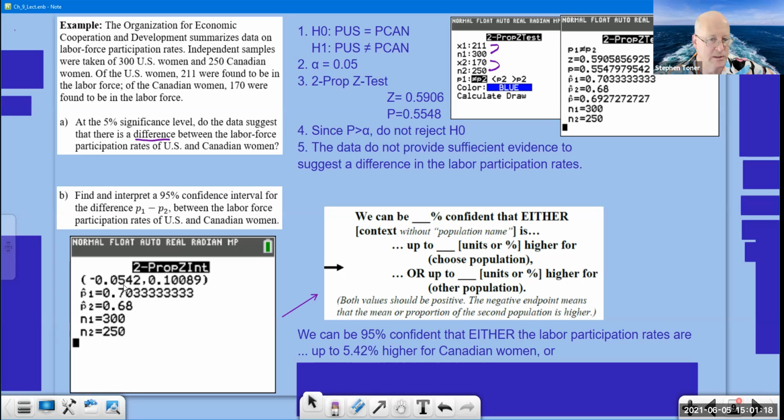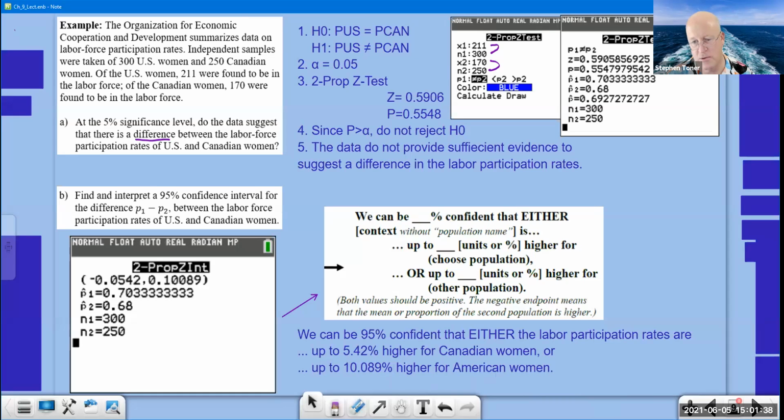I also moved the decimal 2 places to the right, so we could look at that as 5.42% higher for. And then it says when it was the negative endpoint, it's the second population that was higher. The second population was the Canadian woman, and that's why I have Canadian women there. Or, and then I took my other number up to 10.089% higher for the American woman. Okay, so hopefully that little cheat sheet helps you to get all those details correct in this interpretation of this confidence interval.